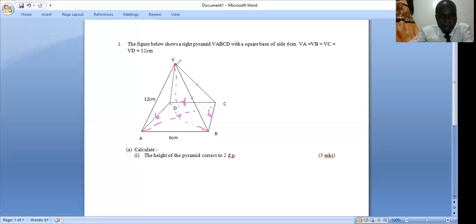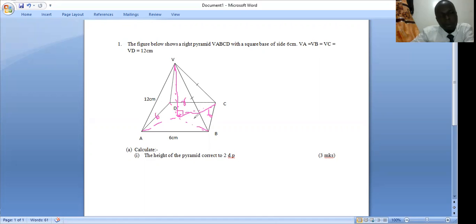So we'll have a new triangle formed here. Because we are bisecting this point, it will form 90 degrees.